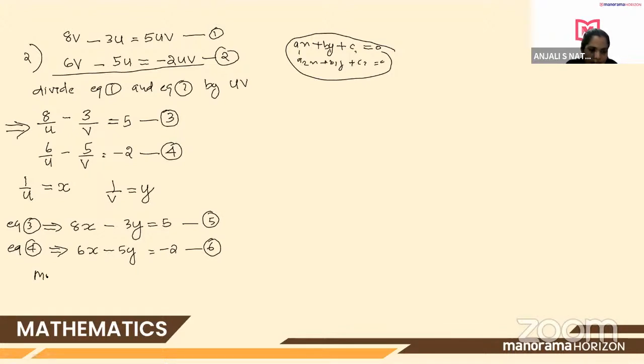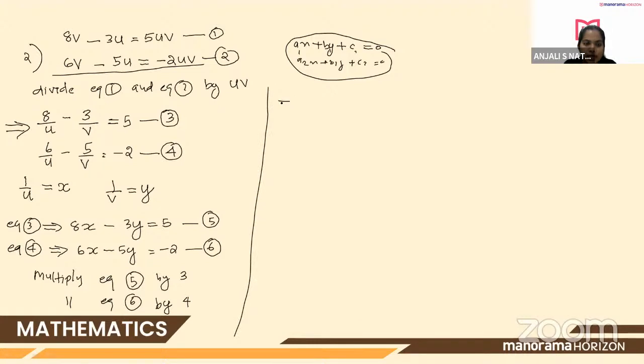Then the first equation will be 24x minus 9y is equal to 15, and the next equation 6 becomes 24x minus 20y is equal to minus 8.